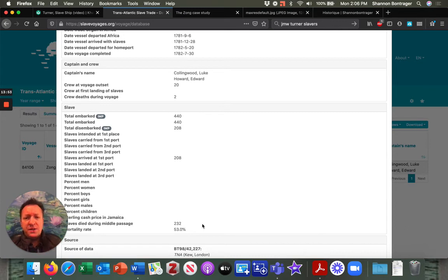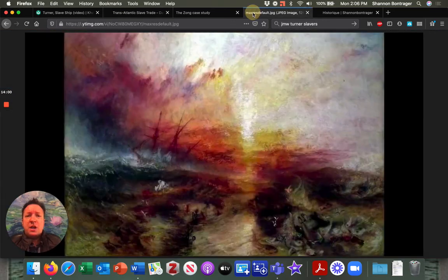Now, this went into, I think, two big court cases, and of course JMW Turner is following all of this in the early 19th century. He makes this painting about this event in the late 18th century, and in essence tries to take artwork and show how evil and horrible slavery actually is.